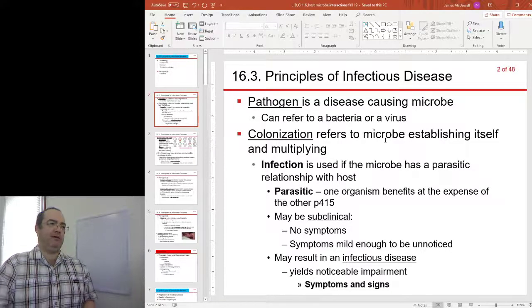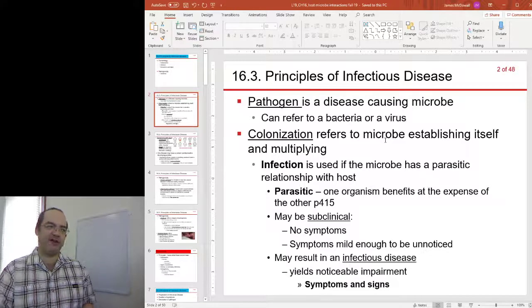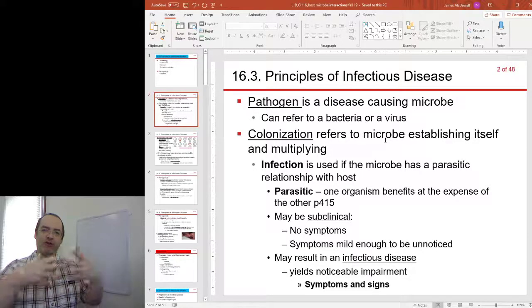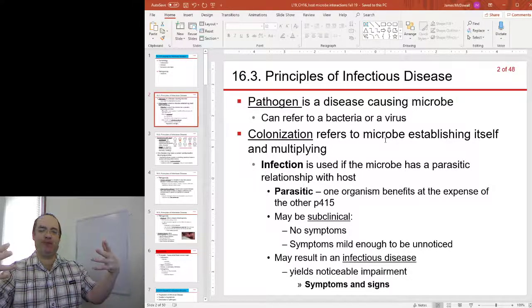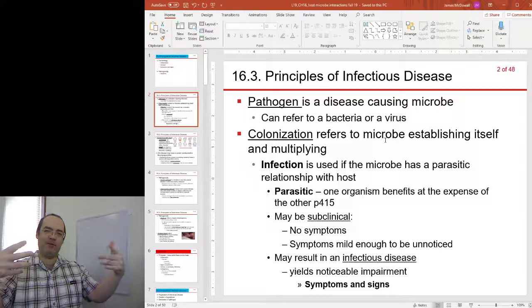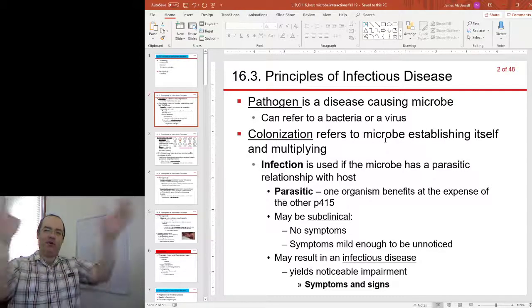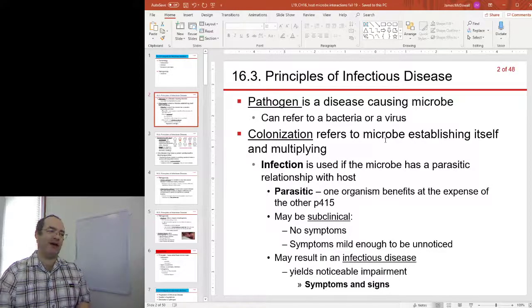So most bacterial infections need to multiply. They need to grow inside the host, and they need to reach a certain number, and then they have this mechanism called quorum sensing. They can detect that that number's been reached, and then they can all launch an attack at the same time.